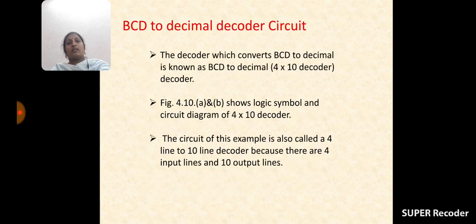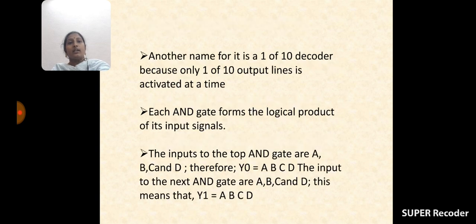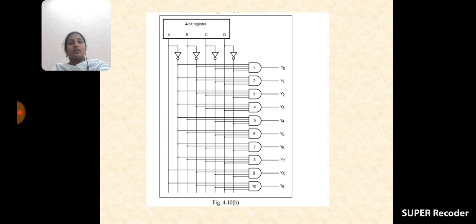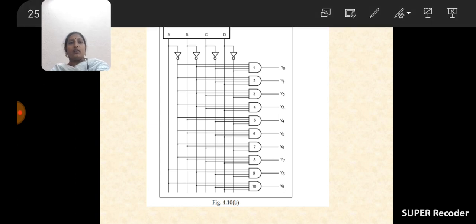And see here, our last circuit is the BCD to decimal decoder. So here it is a 4x10 BCD to decimal decoder circuit. For example, if we are applying 0, 0, 0, 0, Y0 produces the output. Y0 only produces the output. Why?